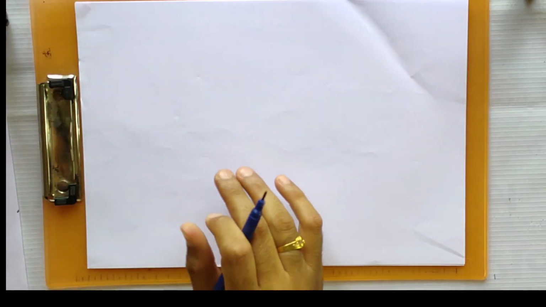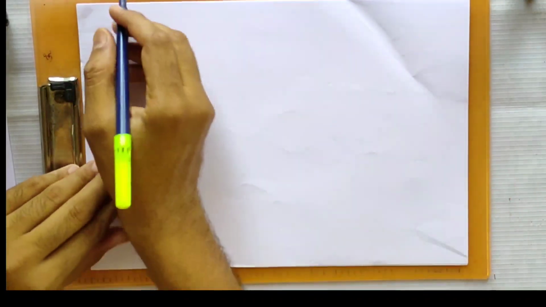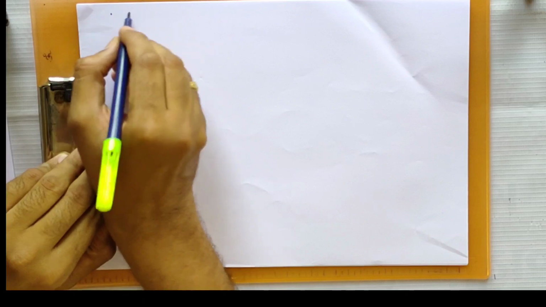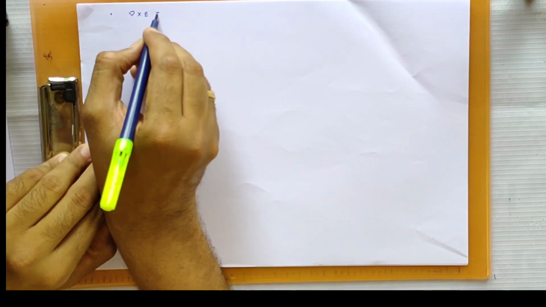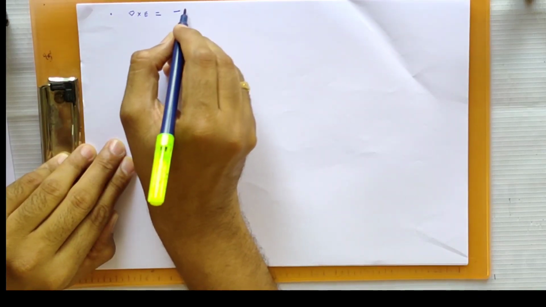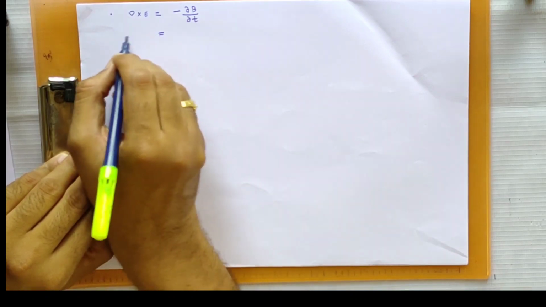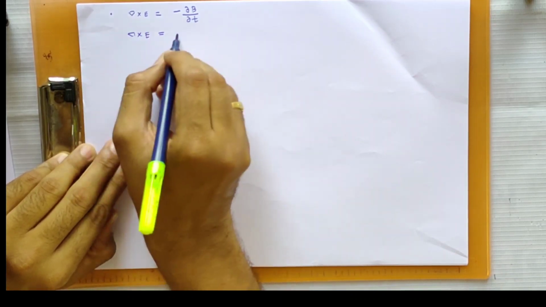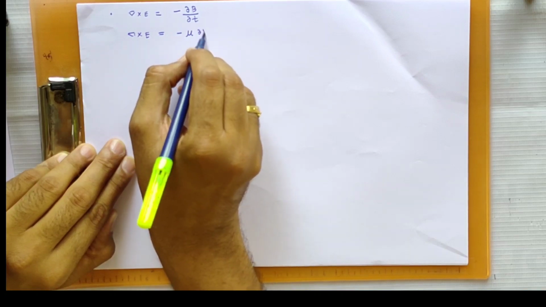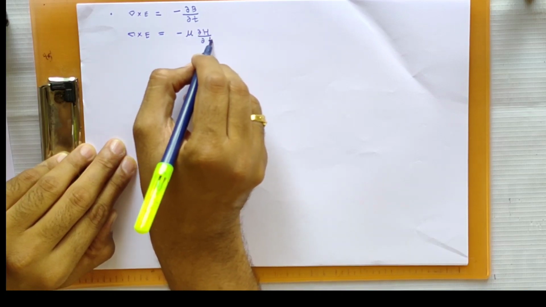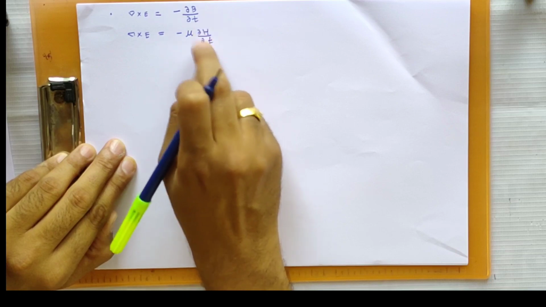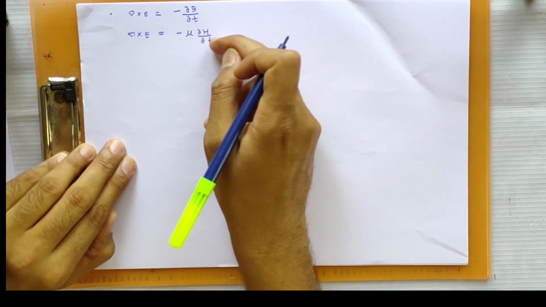So del cross E is equal to minus del B by del t, or you may write del cross E is equal to minus mu del H by del t. Now, I have to take the partial derivative of the magnetic field with respect to time t.